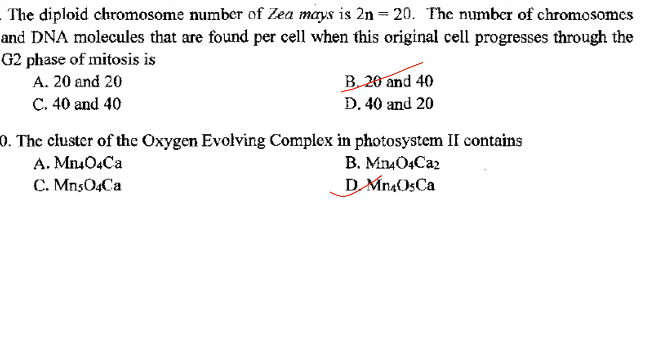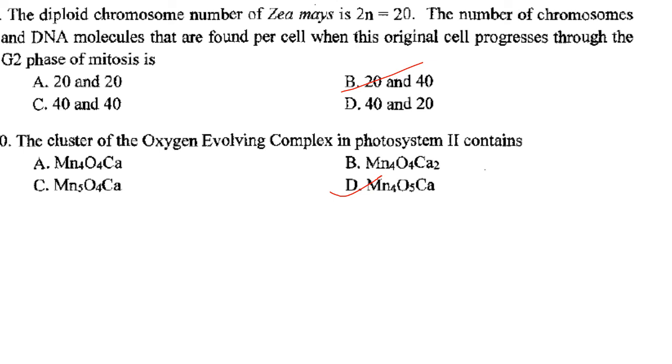Then next one. The diploid chromosome number of Zea mays (maize) is 2n equals 20. The number of chromosomes and DNA molecules that are found per cell when this original cell progresses through G2 phase of mitosis is. Now the 2n number is 20. So G1 phase will have 20, in S phase it will be doubled, so 20 will become 40.